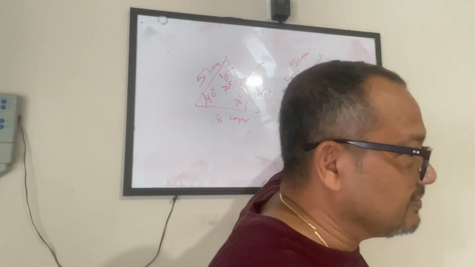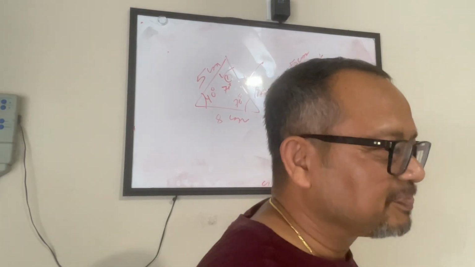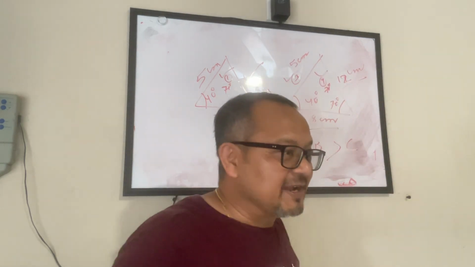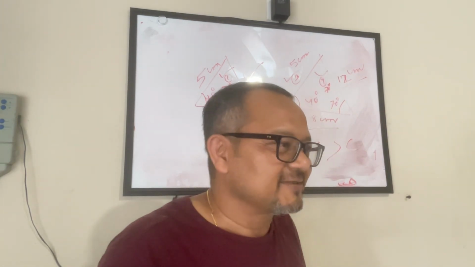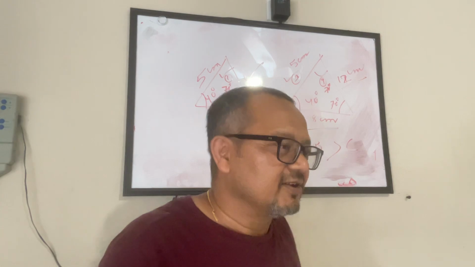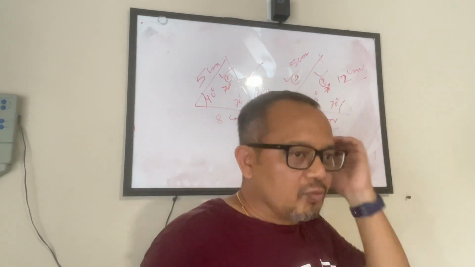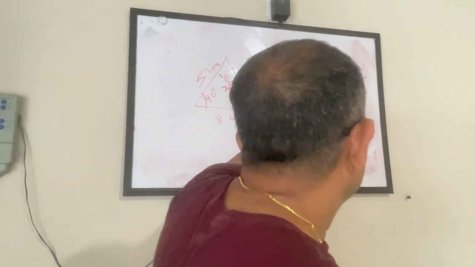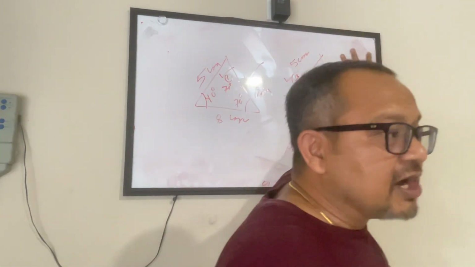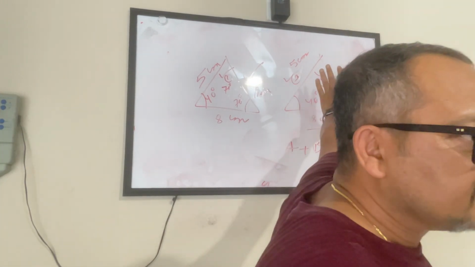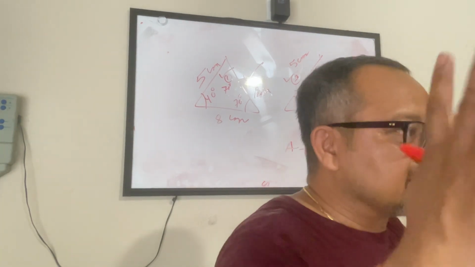There is another problem. Can anybody guess? Okay. So I have not explained that to you guys. In any triangle, the sides are in proportion to the angles. Bigger the angle, bigger the side.